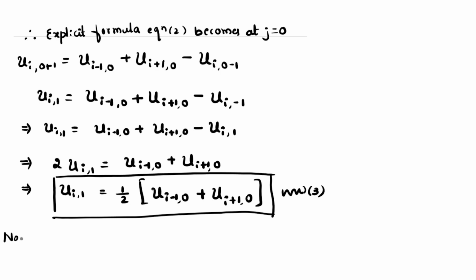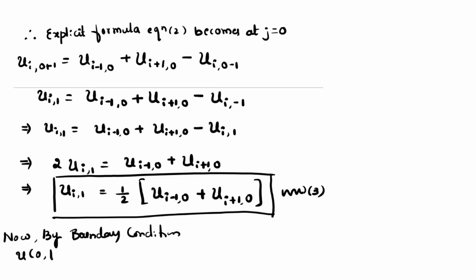This is equation 3 by using the initial condition. Now, by boundary condition, what are those? u(0, t) is equal to 0, meaning the x value 0 and t means jk. So u(0, j) is 0.